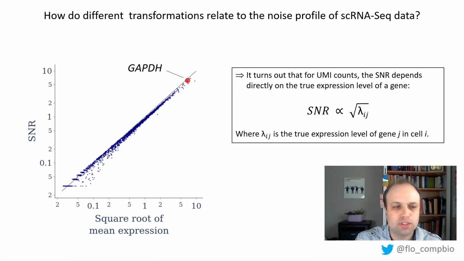It's an approximation that holds as long as you have UMI counts. There are some technologies that don't use UMIs, but for most 10x data, this holds true approximately. So the square root of the expression is directly proportional to how accurately you're measuring the expression of that gene.